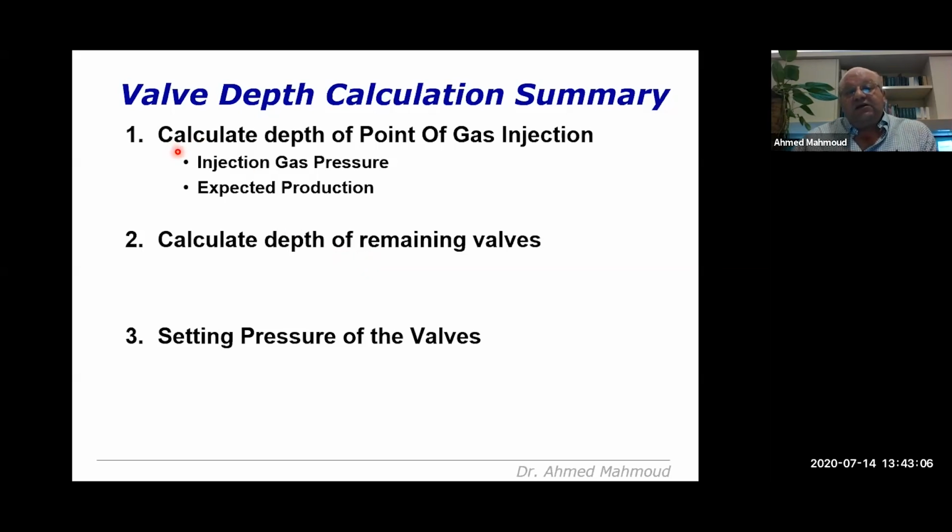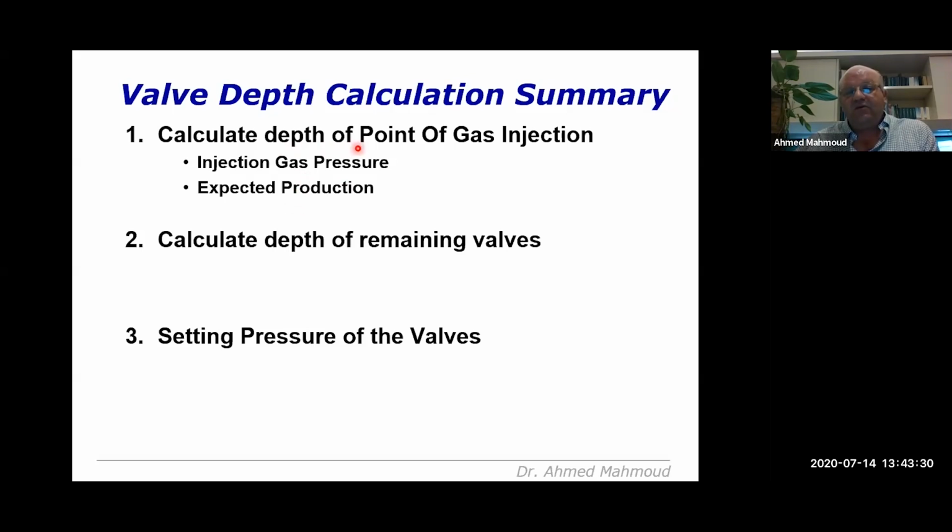First of all, you need to know how to calculate the depth of the point of gas injection. To do that, you have to know the injection gas pressure, which will always be given and provided because this is gas coming from the station, and the expected production, which you know from the IPR exercise, your aim of production.